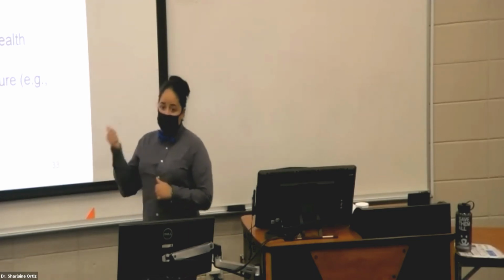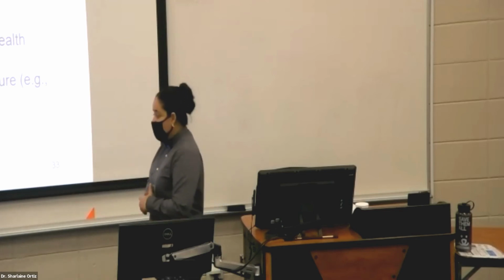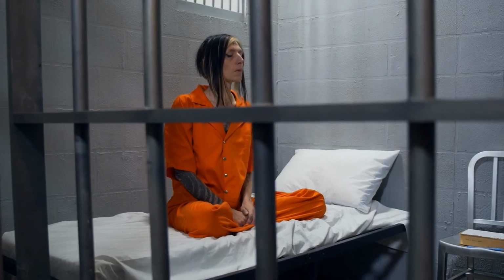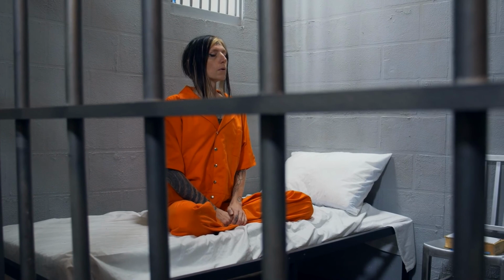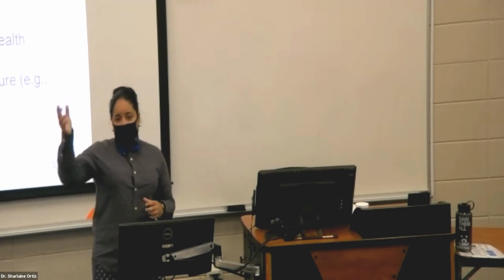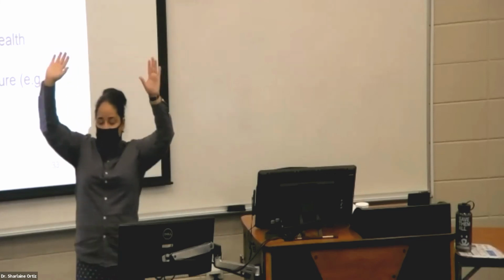So for example, if it's your first offense, if it's the first time you've been to prison, that can make you more likely. If you are of a certain height and a certain weight, so for females, I think if you're less than 110, and for males, I think if you're less than 150, don't quote me on that. So that would be another factor. So we had how many times you've been in prison, your height and weight, and the type of crime, right?